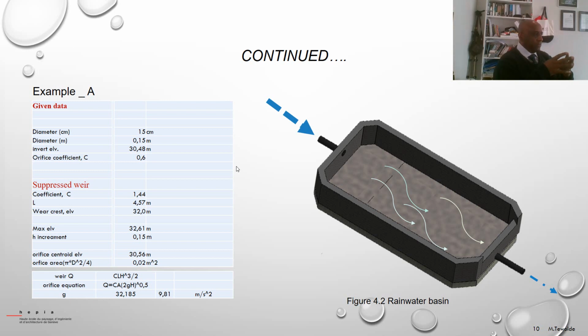The other methodology is the horizontal infiltration method also, that is to calculate the infiltration and also the runoff from the catchment.